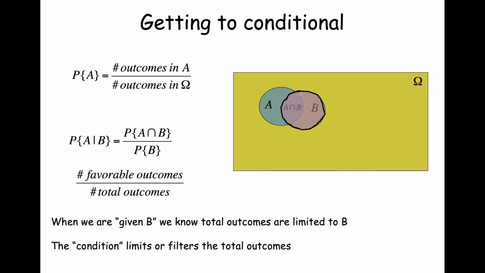It's just we filter first or set aside everything that is in our new universe of consideration, namely event B. So we're given B, and we know the total outcomes is limited to B. And so the condition can be thought of as filtering or limiting the number of total outcomes and therefore changing the so-called universe of consideration.